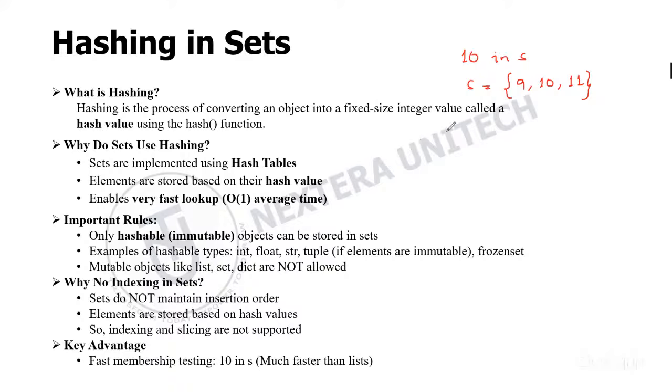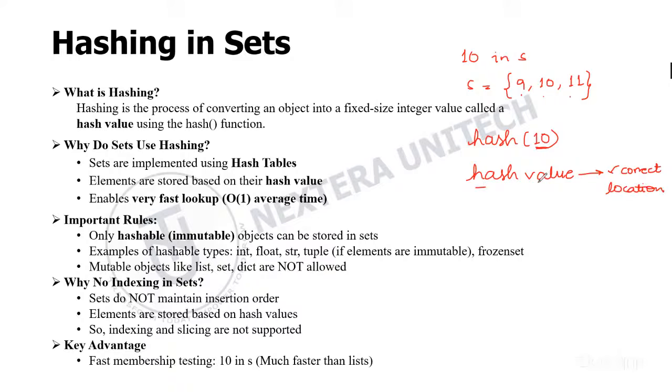So what happens internally is it will not scan each and every element like a list. It will instead compute the hash of 10. So it will get the hash value of the element 10, and after getting that hash value, it will use it to determine the correct bucket, the correct location.